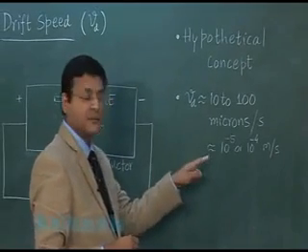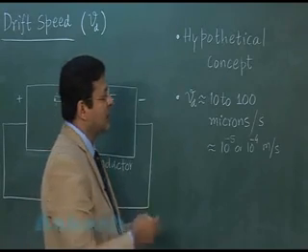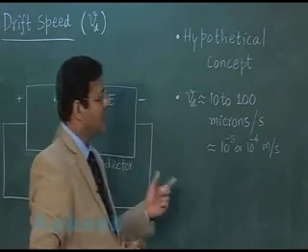So remember that drift speed has a value around 10 to the power -4 or 10 to the power -5 meter per second.